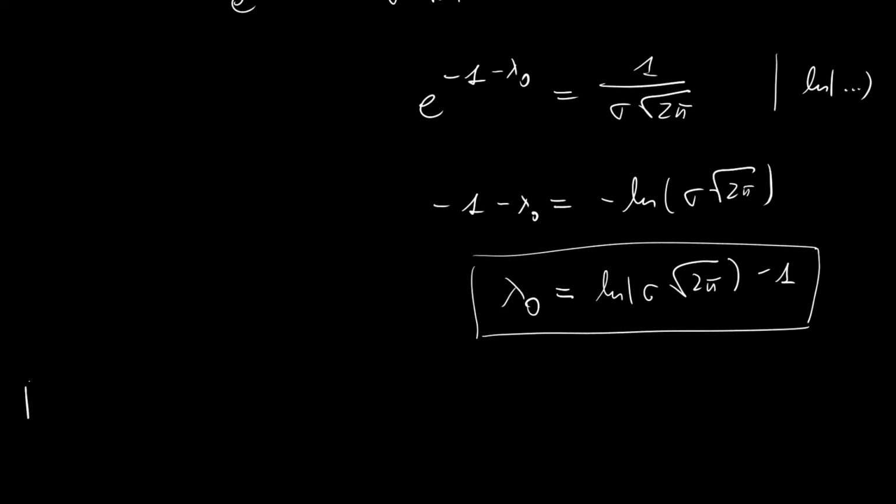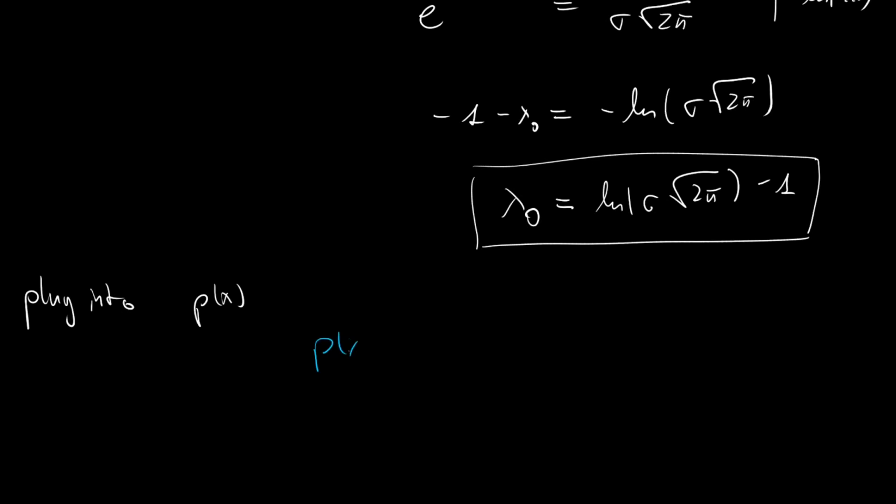Okay, let's plug this all into the p of x. And recall the p of x was given as p of x is the exponential of minus 2 in brackets x minus mu squared minus 1 minus lambda 0 closing brackets.